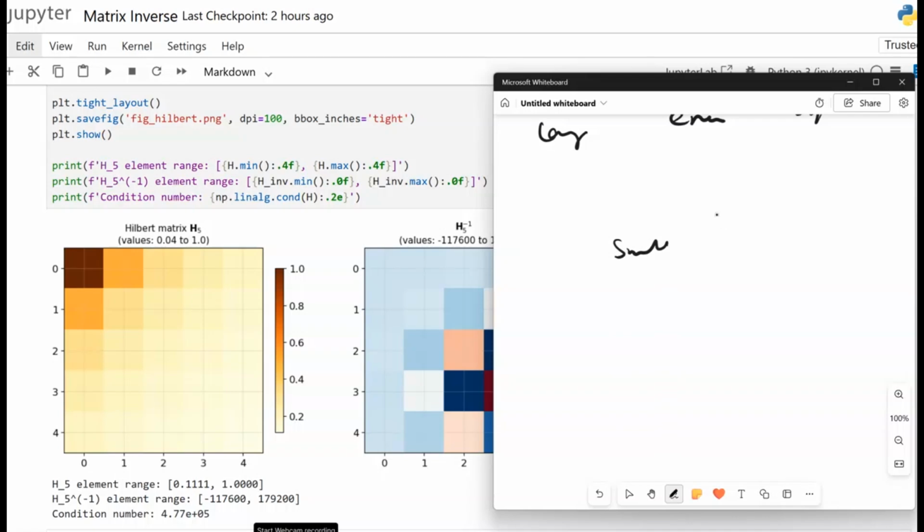Dear friends, to summarize: the code demonstrates the deceptive simplicity of Hilbert matrices, the dramatic growth in inverse magnitude, and the nearly identity product we have just seen, despite instability, giving direct visual evidence of the conditioning effect.